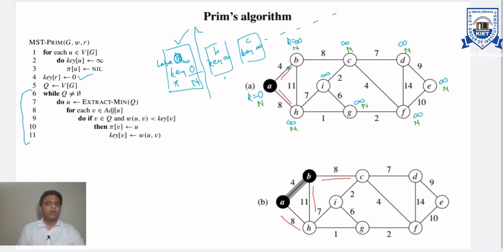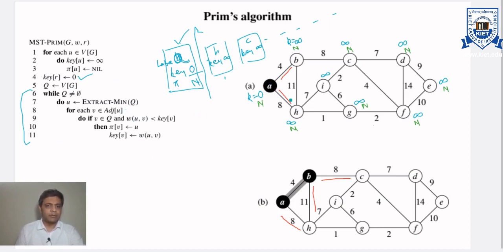Now how are you going to implement that? Hashing could be there, or there are multiple methods through which you could do that. So you have to find out which nodes are adjacent to node A, in this particular case B and H.